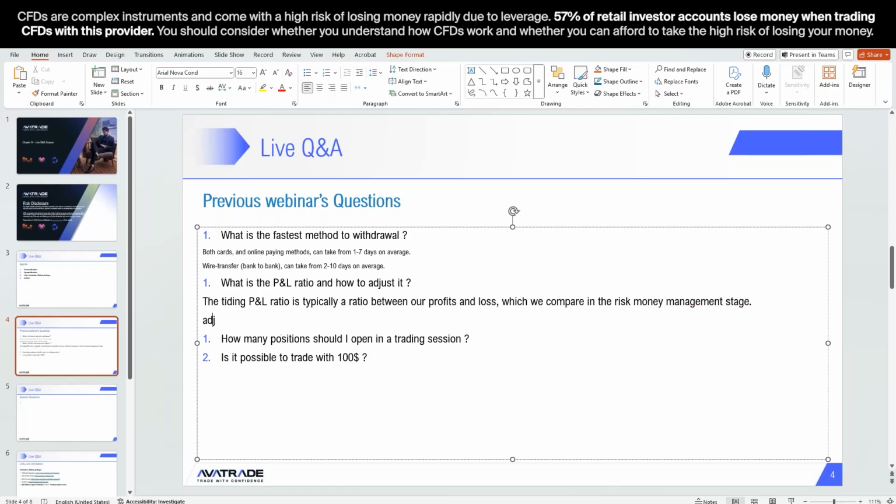Adjusting the ratio can take time and experience, and can vary depending on the strategy and the experience level.